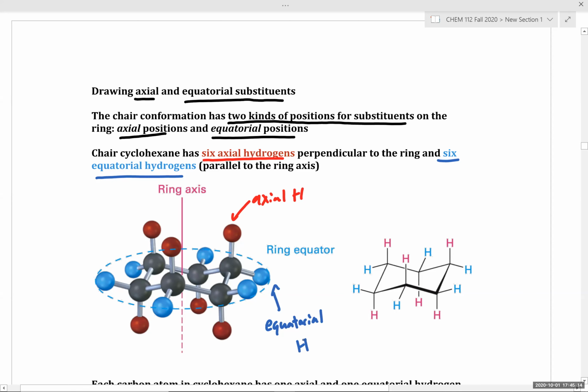To show you a depiction of the axial and equatorial hydrogens, here's our chair conformation. Let me try to get the angle just right here.